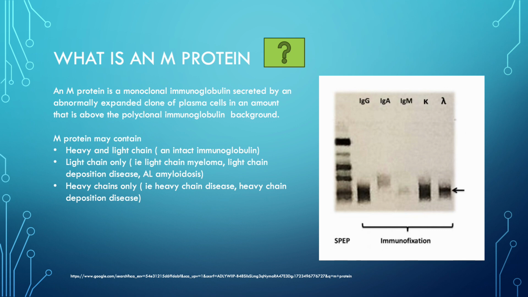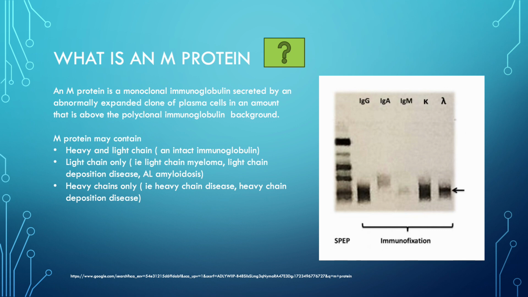Now, talking about what an M protein is, it's basically a monoclonal immunoglobulin that is secreted abnormally by expanded clones of plasma cells, produced more than the normal amount that it's supposed to be. It may contain a heavy or a light chain, or be an intact immunoglobulin.